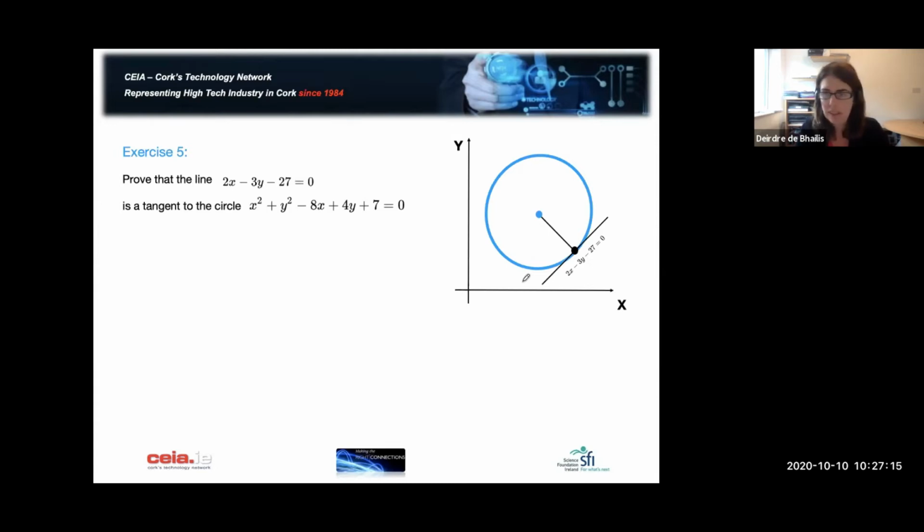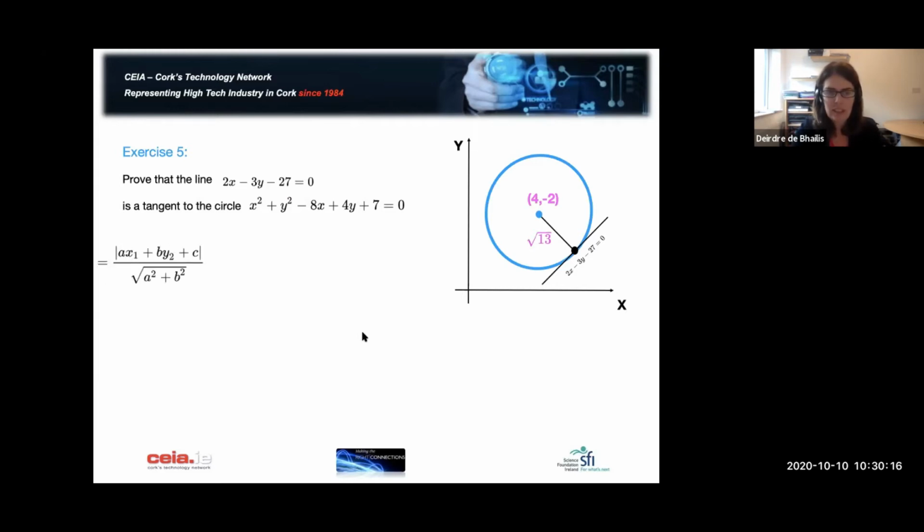Now, I'm going to give you a little bit of time here to determine what the center of that circle is and what the radius of that circle is. And you can refer to exercise 4. It will be the same as that. The center was 4 and minus 2, and the radius was root 13.